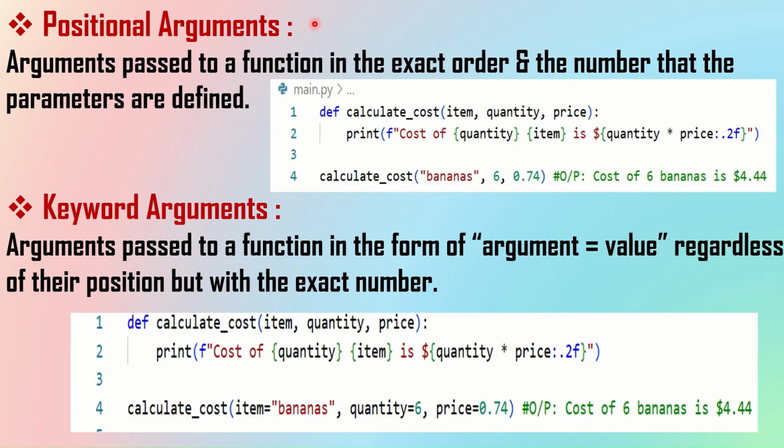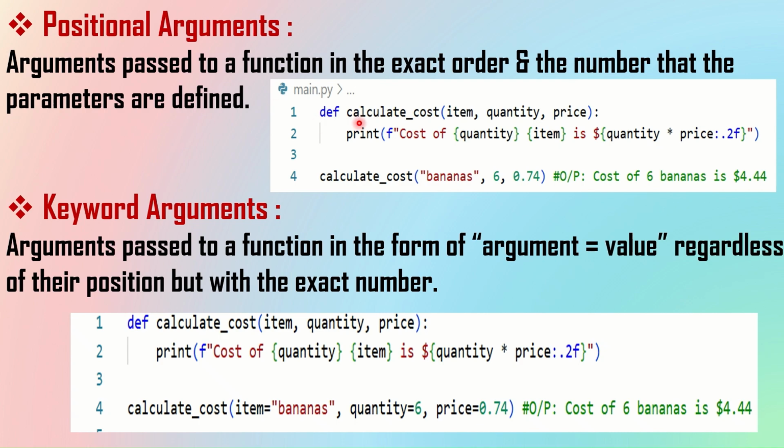In our last session, we saw arguments, right? Arguments are simply the values that we need to pass to a function definition while making a function call. Similarly, positional arguments are also the arguments that we pass to a function definition while making a function call, but in the exact order and number that the parameters are defined in the function definition.